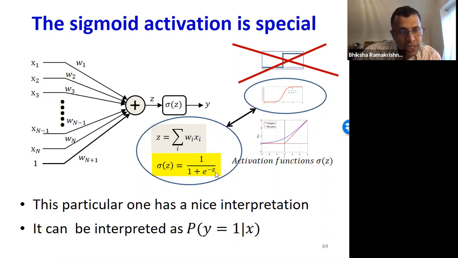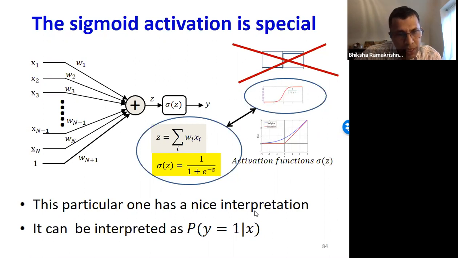If z is a large negative number, e raised to minus z becomes a large positive number, so this becomes 0. So out in minus infinity, this becomes 0. If z is a large positive number, e raised to minus z becomes 0, so sigma becomes 1. So out here it's 1, and in between it smoothly varies.